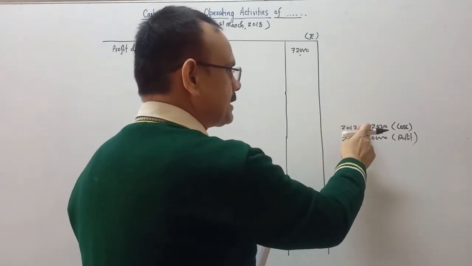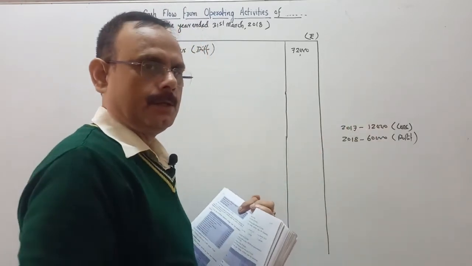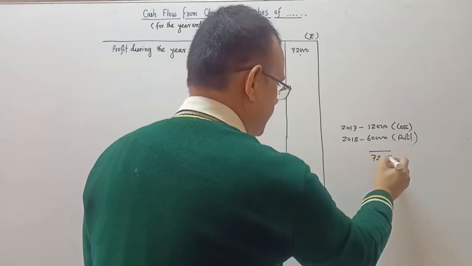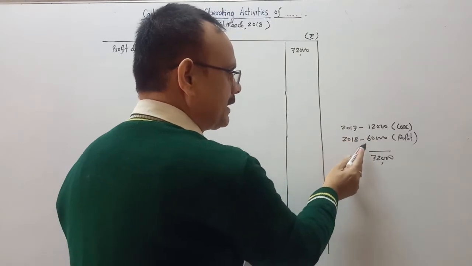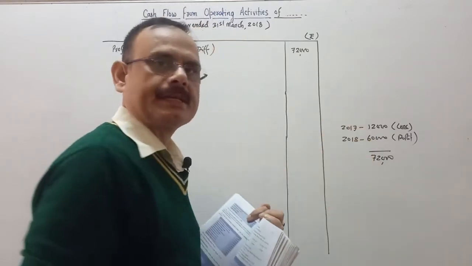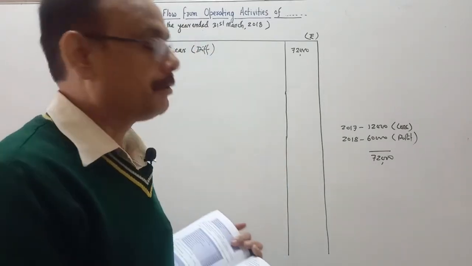After adjusting the 12,000 loss, the profit is 60,000. So you do the addition: 72 minus 12, the profit shown is 60 after adjustment of the previous year's loss.